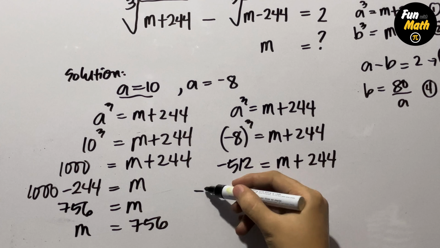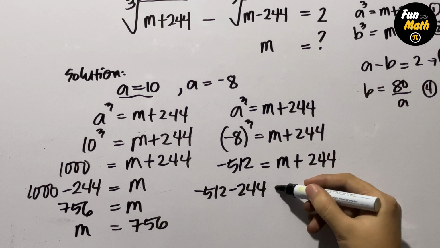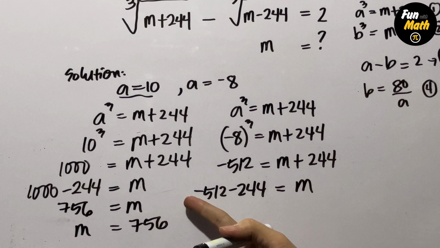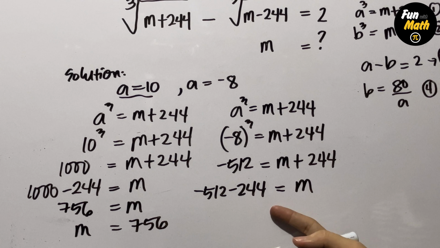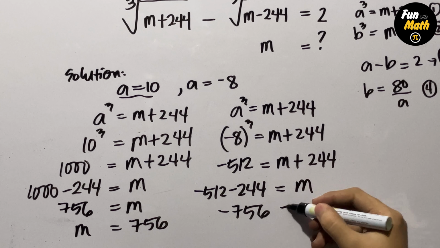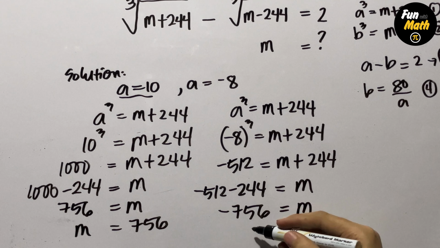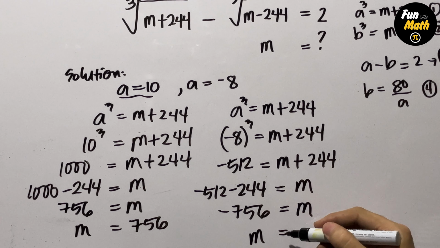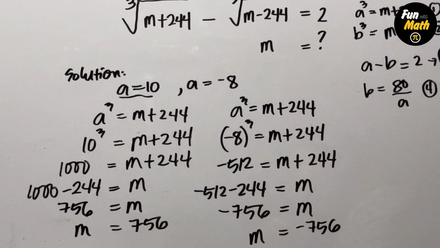So this is now negative 512 minus 244 is equal to M. Negative 512 minus 244 is equal to negative 756 equals M. Using the commutative property, this is M is equal to negative 756.